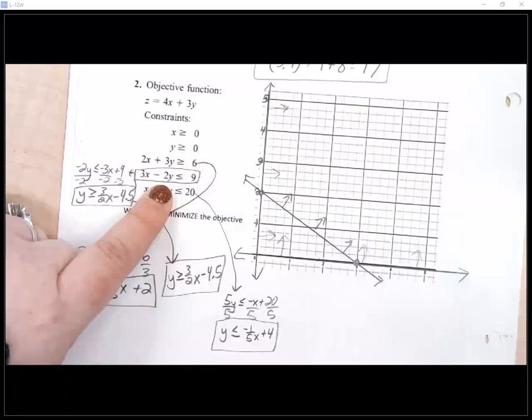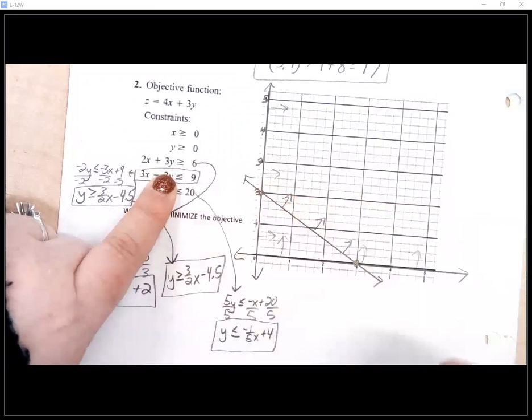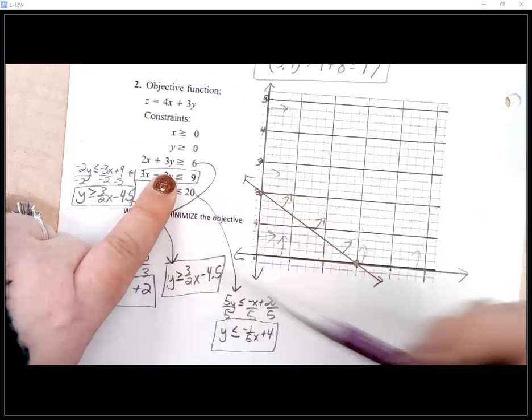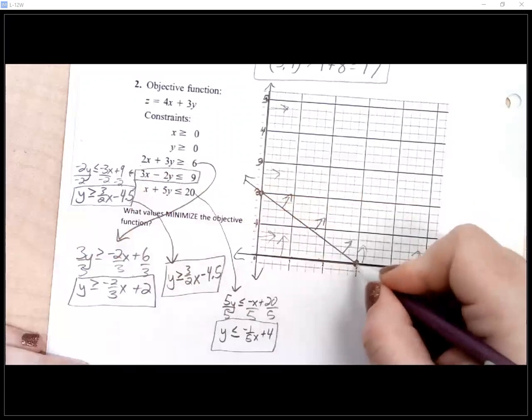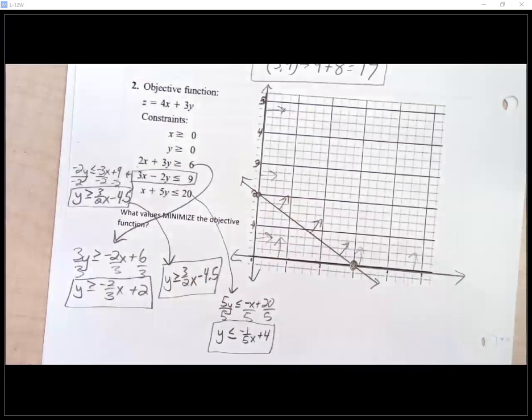So if I plug in 0 for y, for example, that means x is just going to be 3, isn't it? Because you'd have 3x equals 9, or, pretend it's equals for a minute. So you get x has to be 3. That means I know one of my points, 3, 0, right? If I plug in 0 for y, I got out 3 for x. So that's a point on my line.